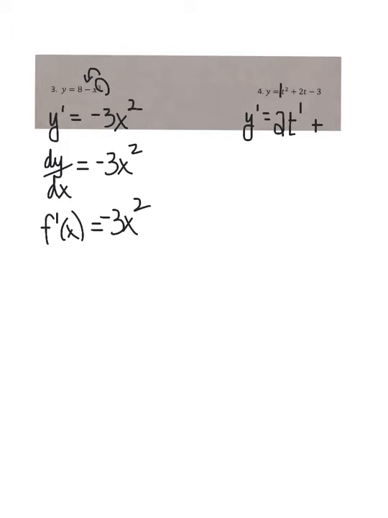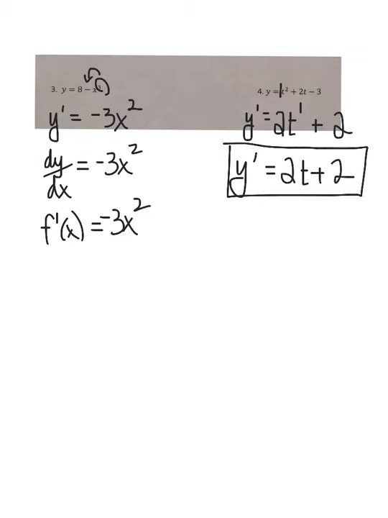Your derivative for that is just going to be whatever that constant term is, which is 2. Now, I kind of don't like to write it with the t to the first, so I'm just going to write 2t plus 2. And there's your derivative.